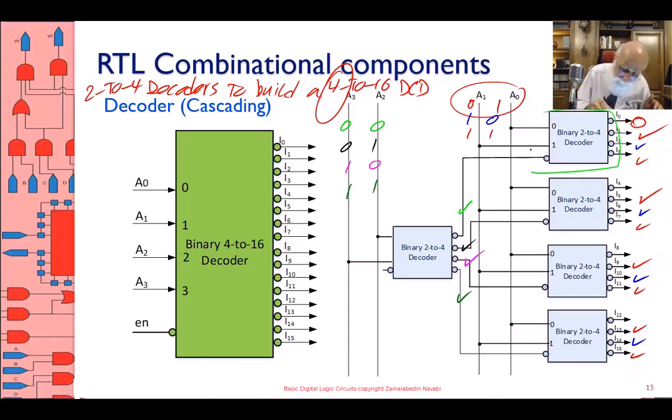This one will be active. And therefore, only that is going to be looking at A1 and A0, and according to A1 and A0, it's going to be making its output active.